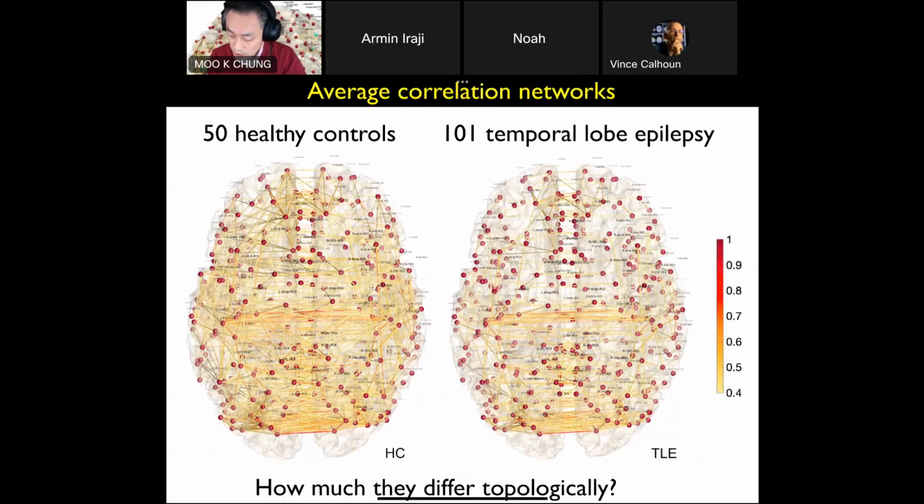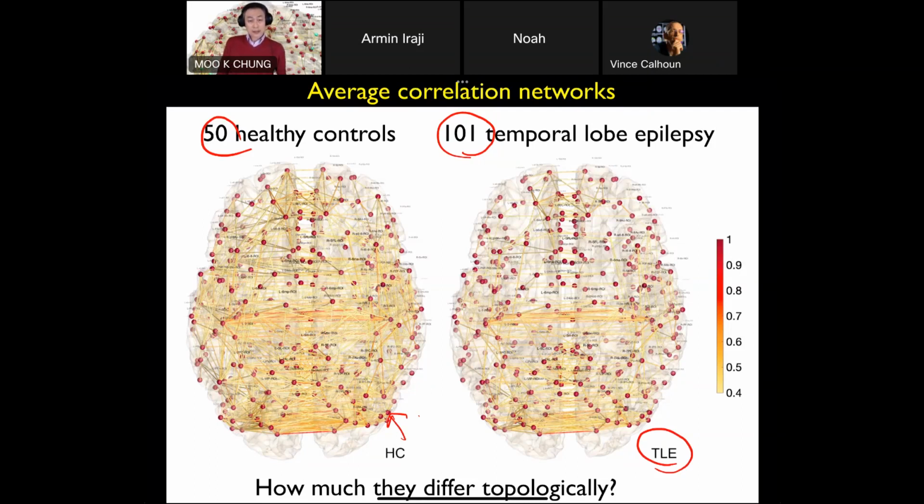What you're seeing is the average of a population, 50 controls and 101 temporal lobe epilepsy, over the parcellation. Now you see that there are slight differences here. This is a healthy control, so it is very dense compared to temporal lobe epilepsy, which is slightly sparse.